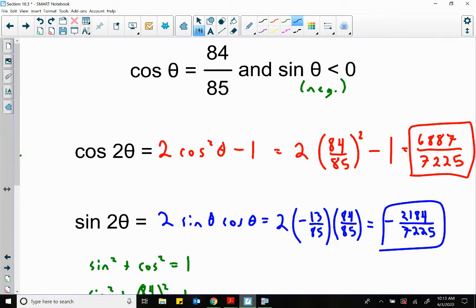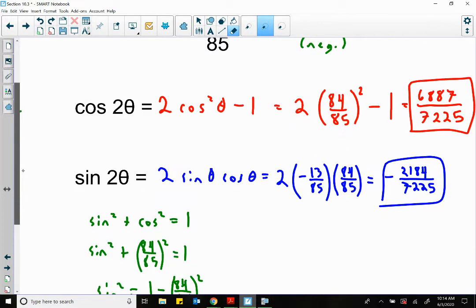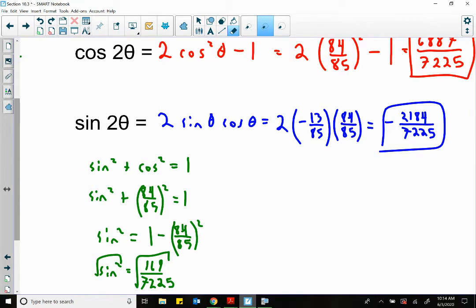Sine is y over r. So you already know what the r is. You already know what the x is. You could find the y value and use what you learned back in 9.5 to figure out what sine is. Okay? Didn't necessarily have to do sine squared plus cosine squared equals 1. Lots of ways to do this because you have lots of information about trig now.